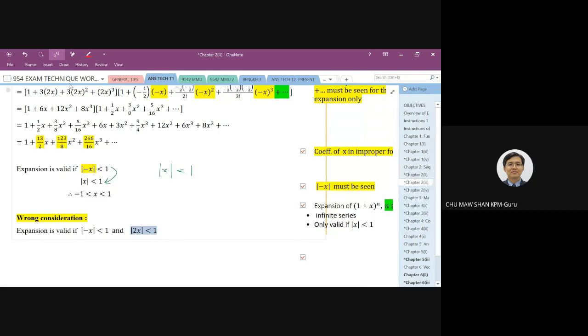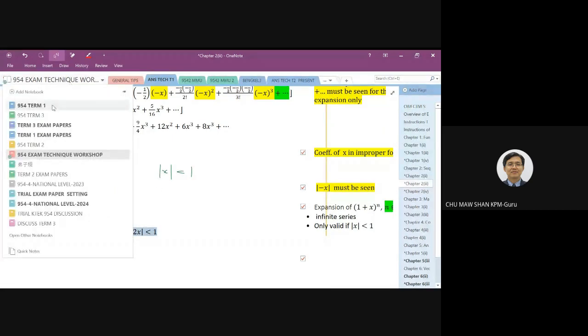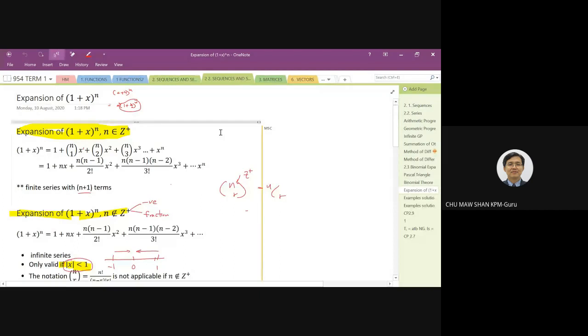So if you see, let's say you go to our, ini tengok kita punya nota. We have two type expansion for (1 plus x) power n. The first type is n is an integer positive. Integer positive, then it is a finite series.